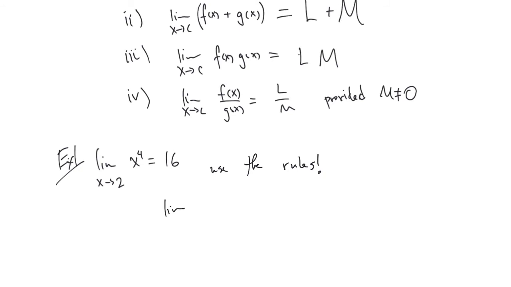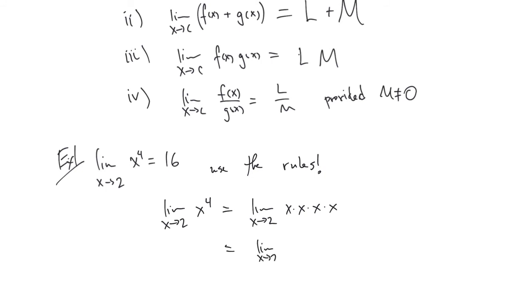Check it out. The limit as x goes to 2 of x to the 4 is the same as the limit as x goes to 2 of x times x times x times x. I write it as a product, and then I use rule number 3. It says if you have a product of a bunch of things, you can just multiply the limits of those things.